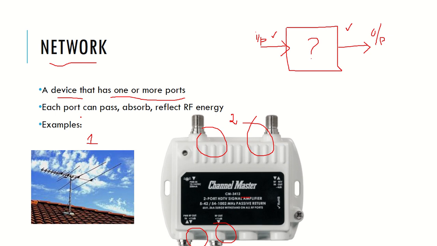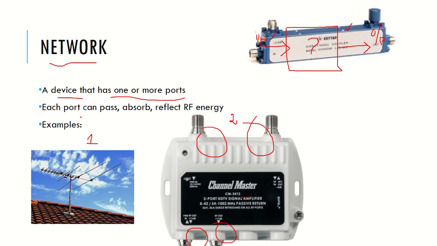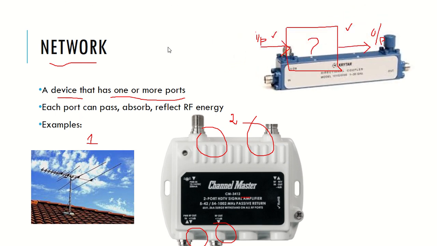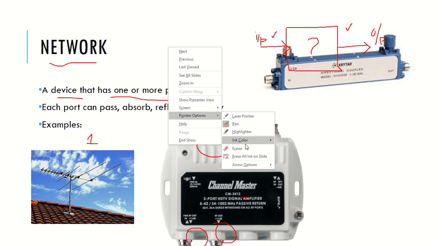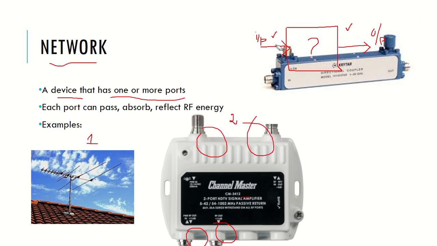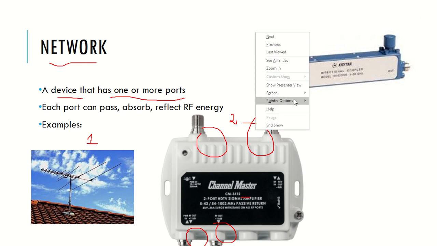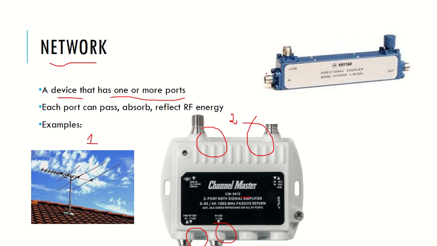This is an example of a two-port network which we saw already. And this is a directional coupler. We have studied the directional coupler in unit 2, I think, in the measurement of VSWR. If you see, the directional coupler contains the first port, the second port, and the third port.